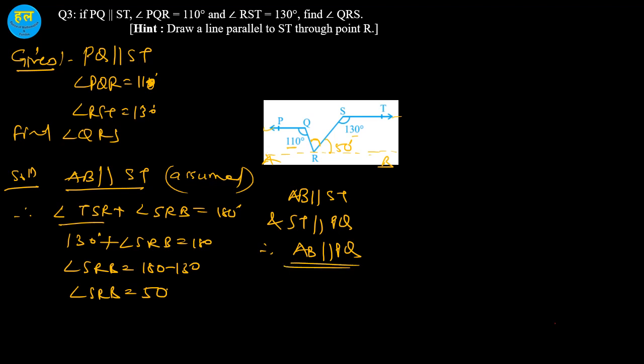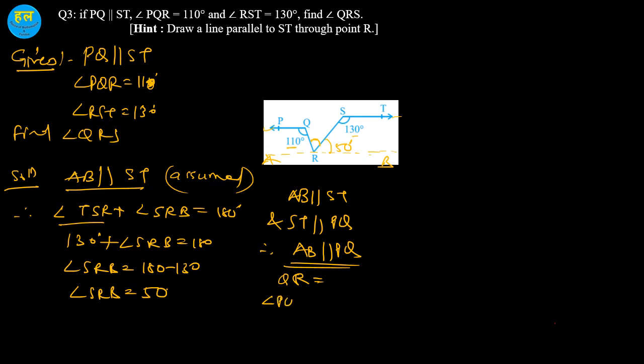Therefore AB is parallel to PQ. Since AB is parallel to PQ, from the same reason, transversal QR is passing through two parallel lines PQ and AB, and on the same side of the transversal, the sum of interior angles is 180 degree.